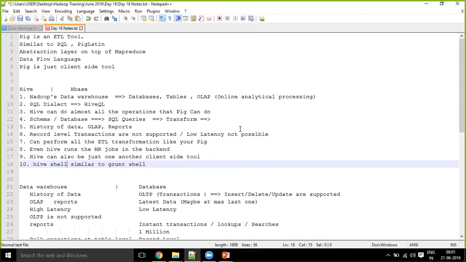In the Hive shell you can run your Hive commands. In the Pig shell you can run your Pig commands, and you can run your HDFS commands also here, right? We have seen fs -ls with the path, and Linux shell commands as well. Even these two can be achieved here.